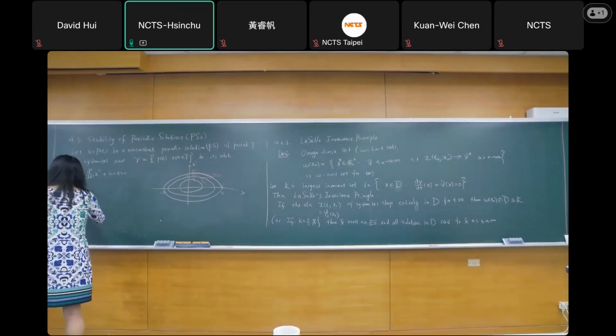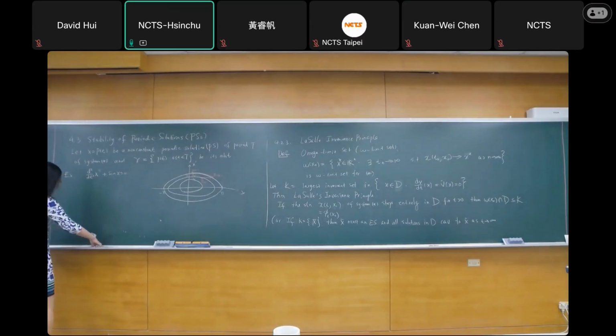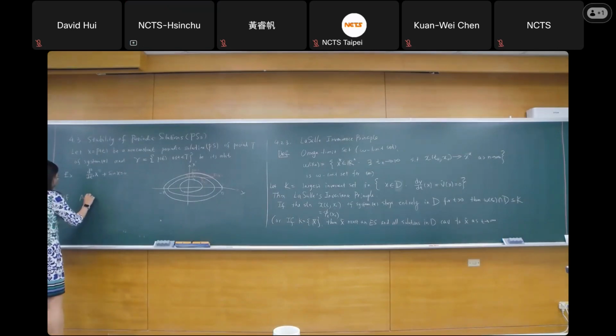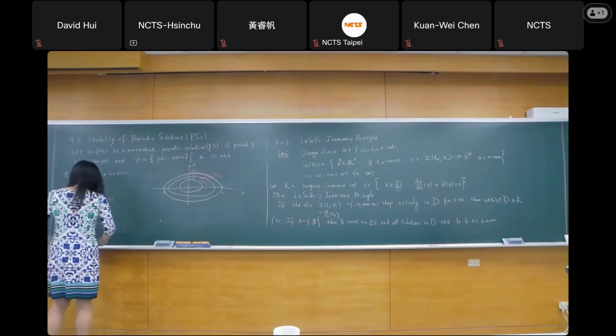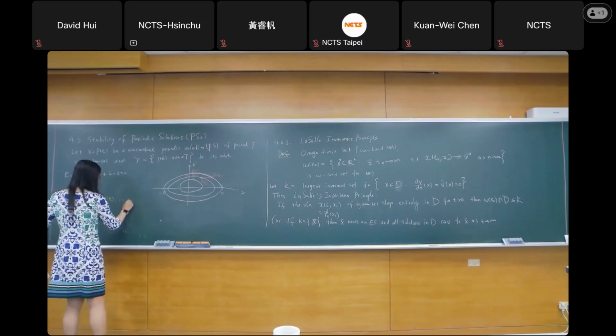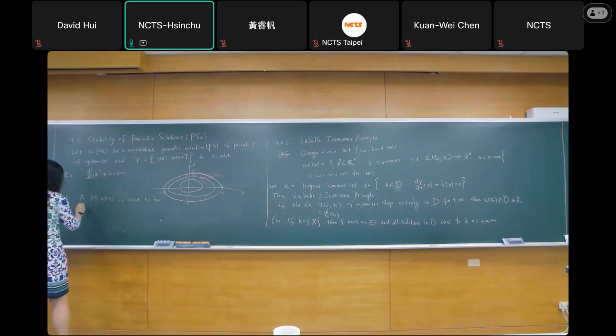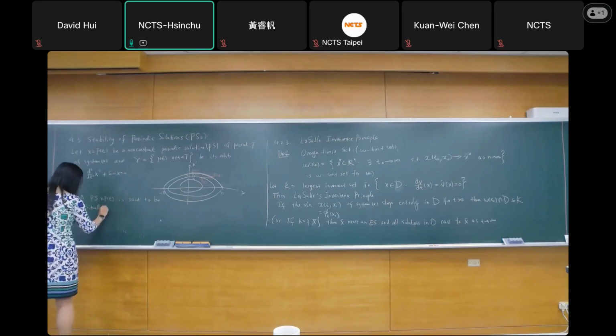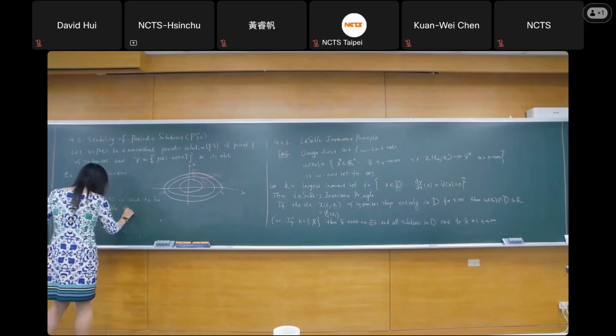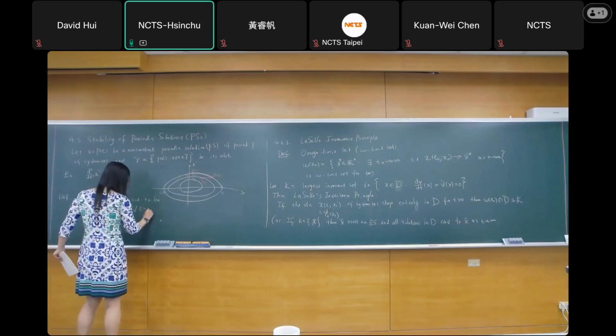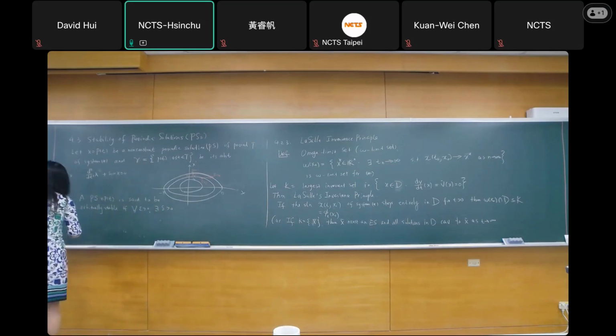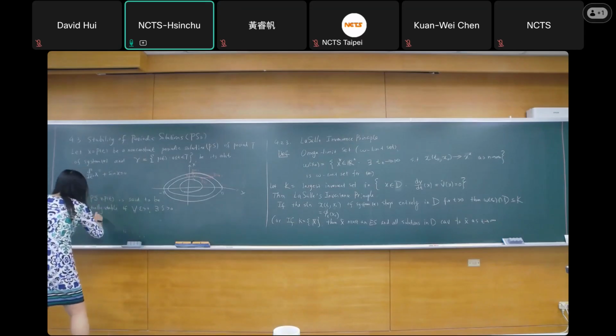So basically, in this case, a periodic solution is said to be arbitrarily stable if for any epsilon bigger than 0, there exists a delta constant such that, initially, say you're at X0, you're pretty close to the orbit at the initial time.